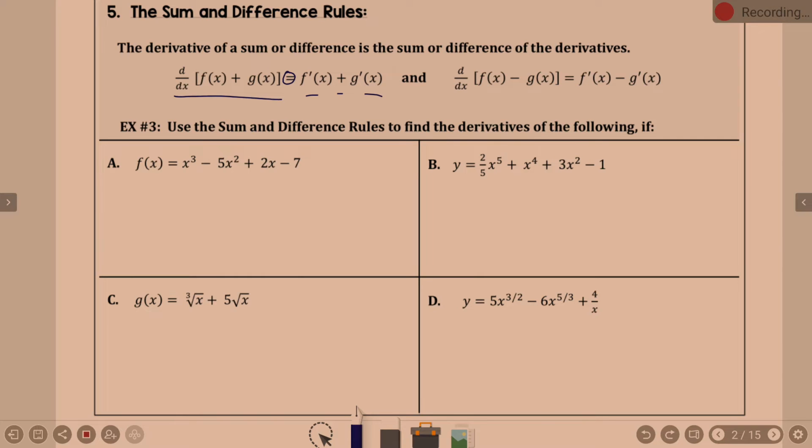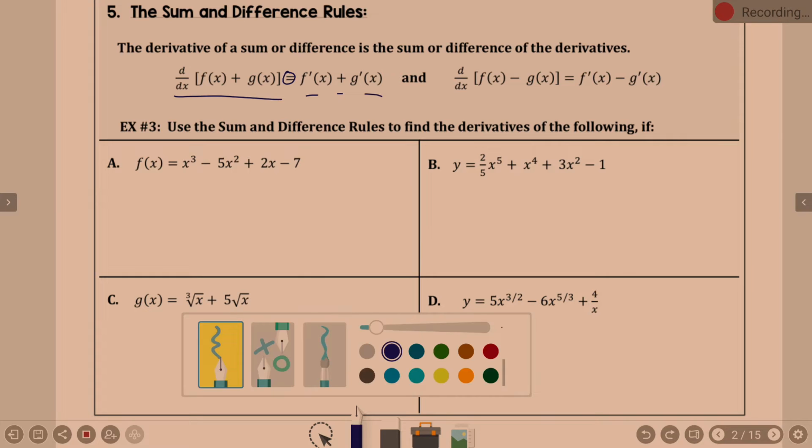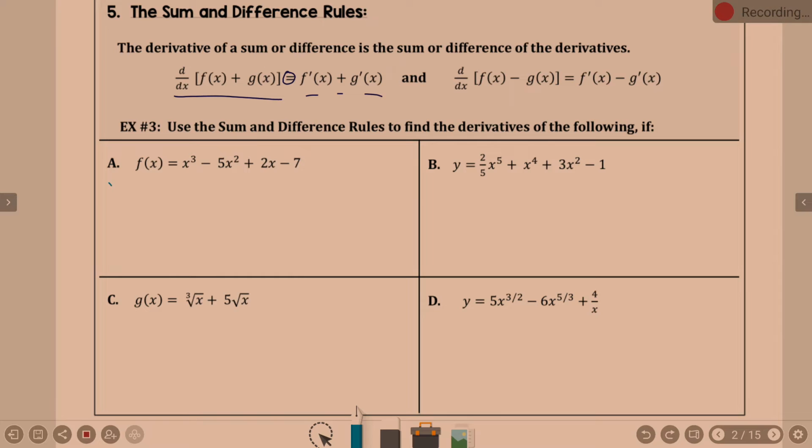So, let's do it. Example A. f of x is x cubed minus 5x squared plus 2x minus 7. f prime of x. Do you want me to write out all the pieces, or can we just do this together? What's the derivative of x cubed? 3x squared. Can we handle that on the basics?